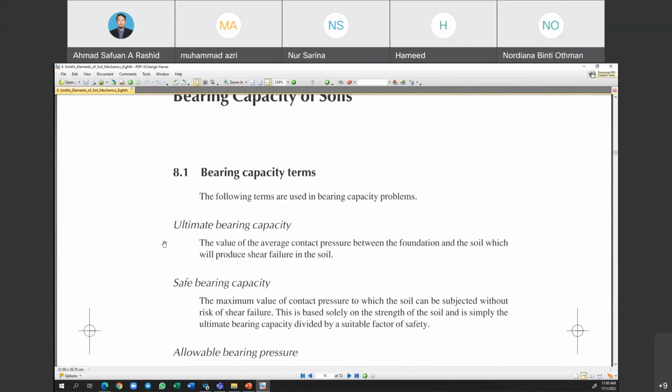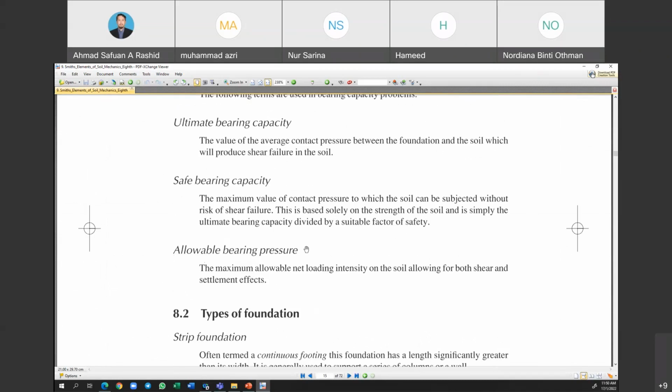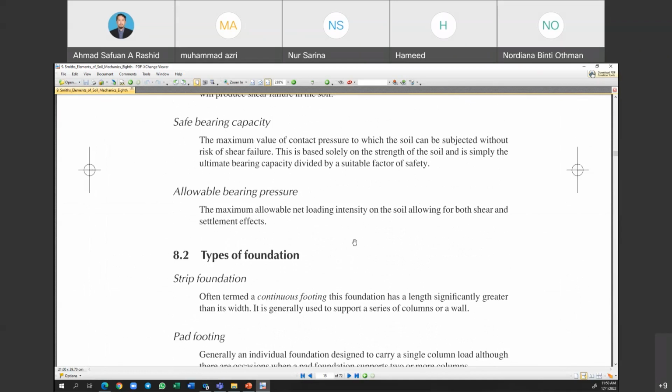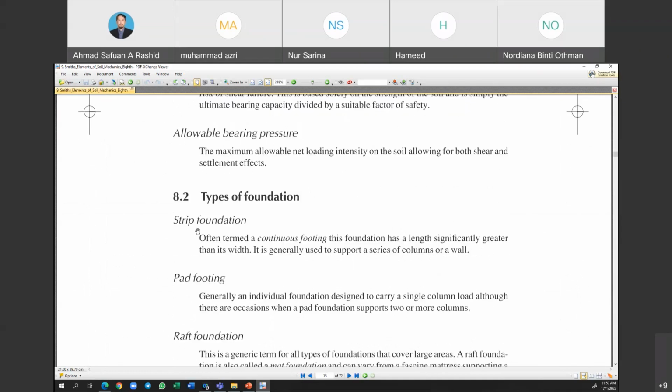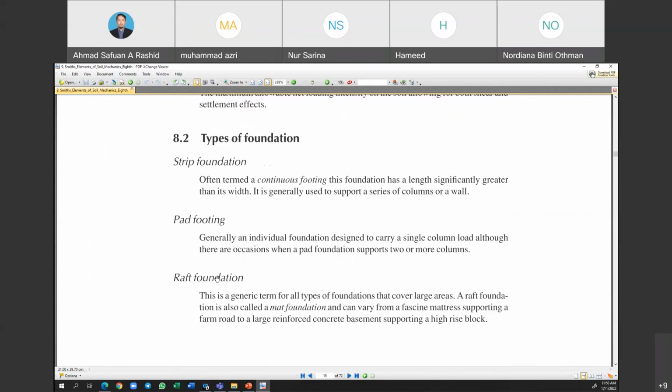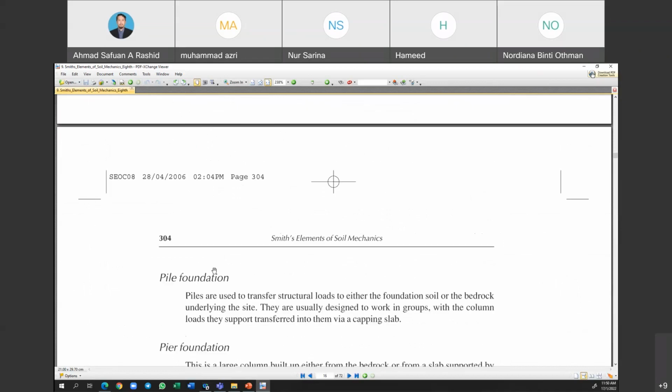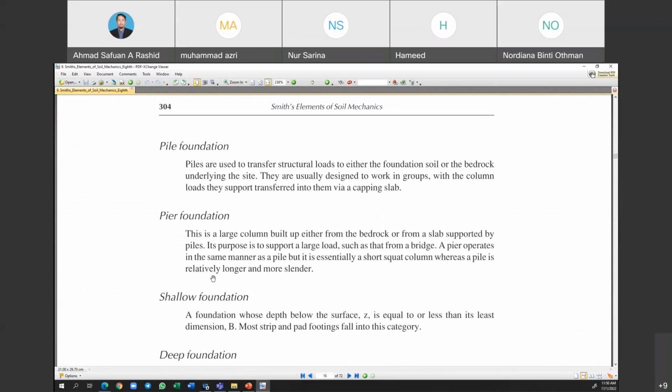They discuss the ultimate bearing capacity, safe bearing capacity, allowable bearing capacity, and the types of foundation we have there: strip, pad, raft, and pile foundation. Pile foundation we will discuss next week.